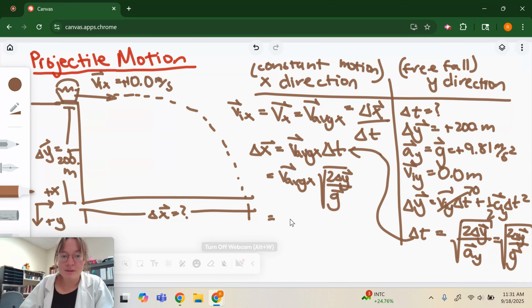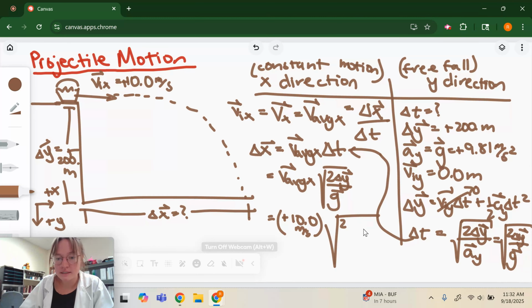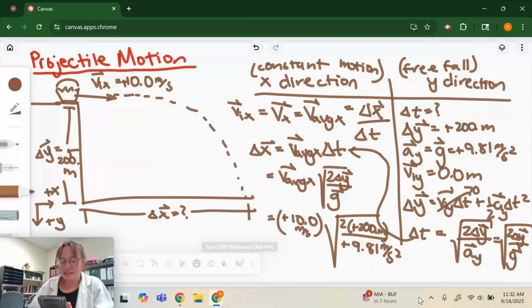When I plug in numbers, I plug in 10.0 meters per second times the square root of 2 times positive 200 meters divided by g, which is going to be positive 9.81 meters per second squared. Plug that into your calculators and see what you get.